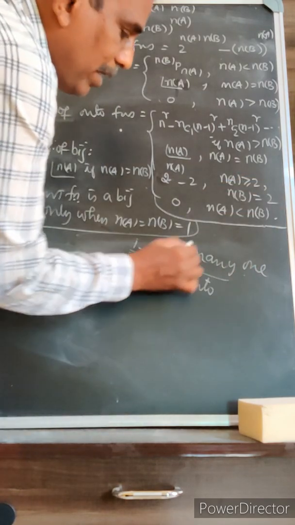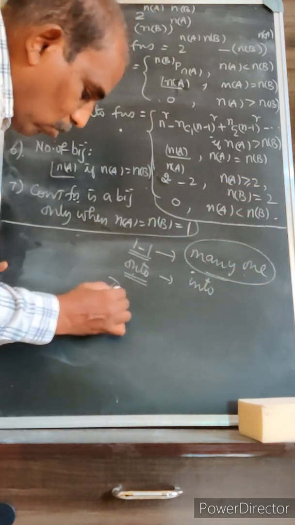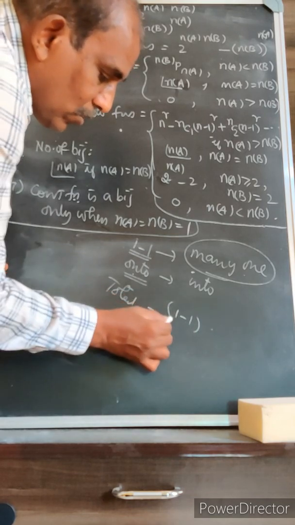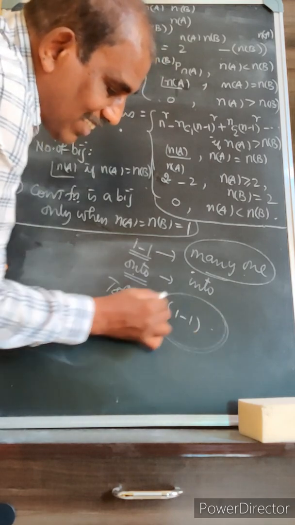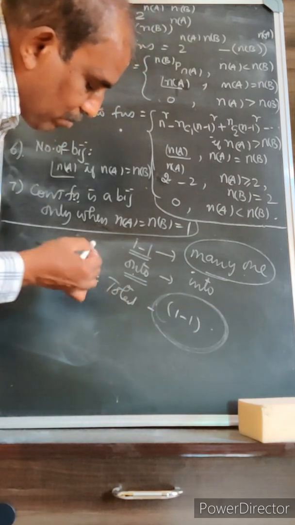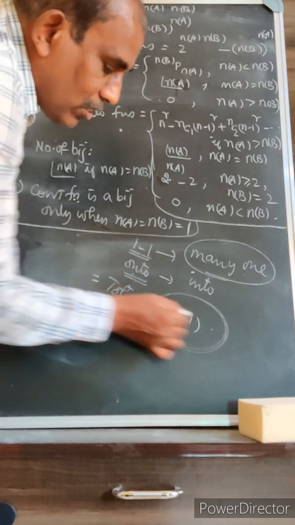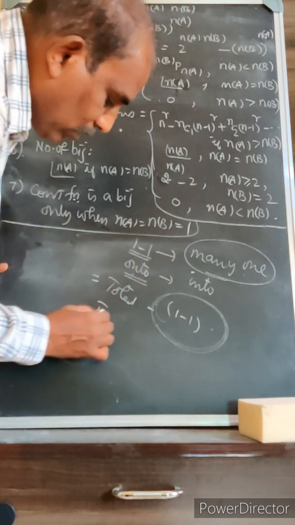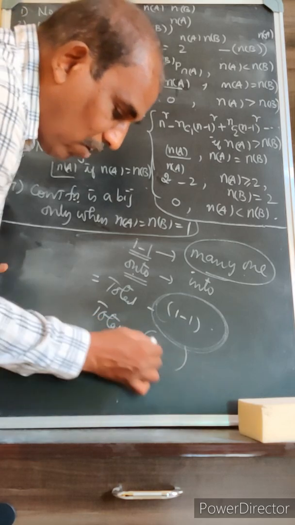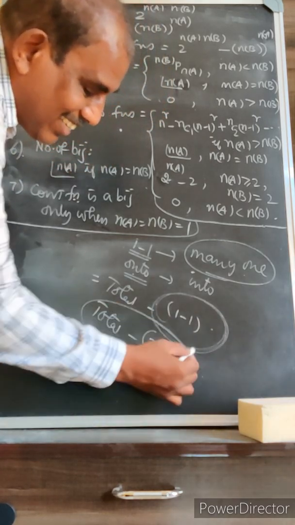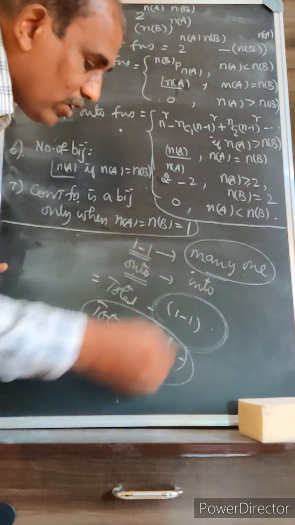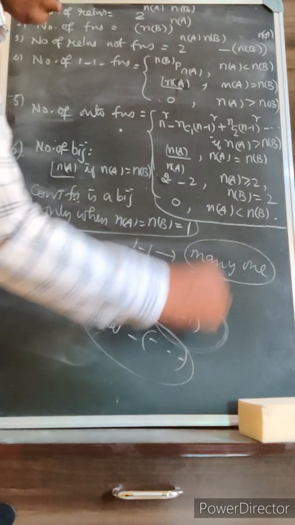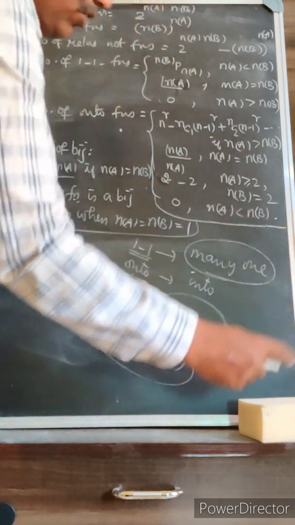So to find the many-1 functions, find the total functions and then subtract the 1-1 functions. Similarly, from total functions, if you subtract the number of onto functions, you will get the remaining functions as into functions. This is the way to find the number of many-1 functions and the number of into functions.